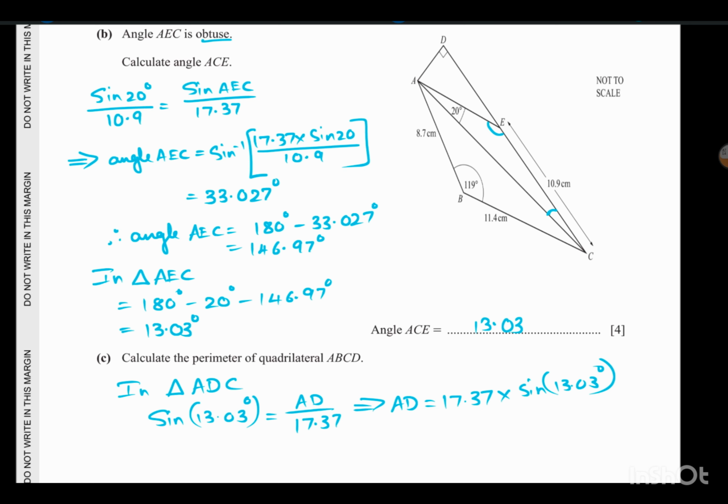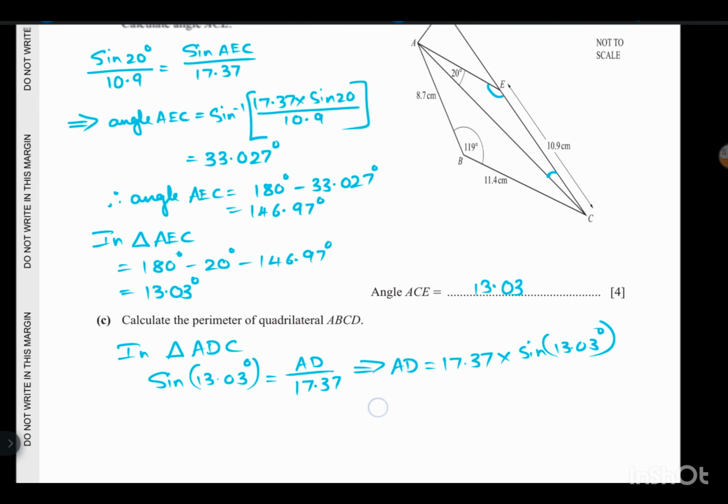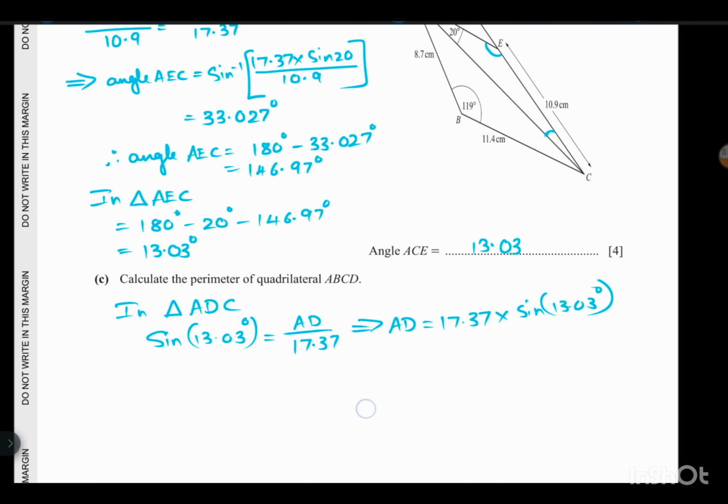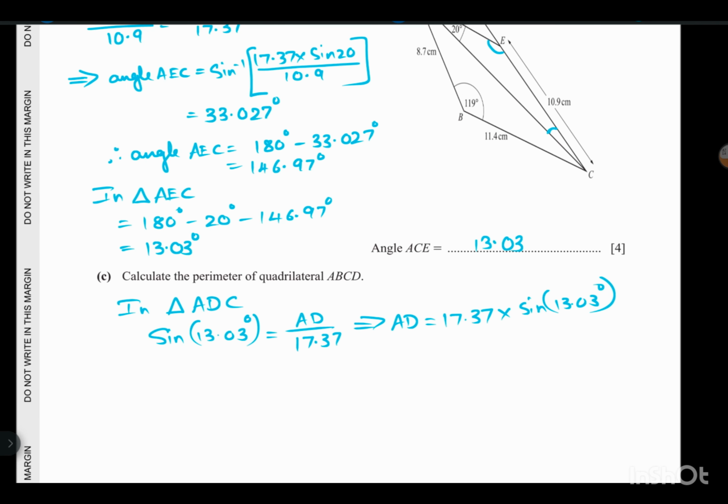Then we'll find out DC. In the same triangle, you take cos value. So cos of 13.03 will be equal to adjacent by, that is DC by 17.37, adjacent by hypotenuse.